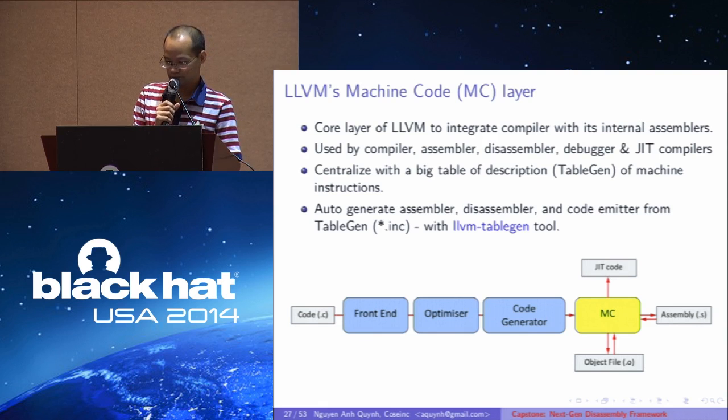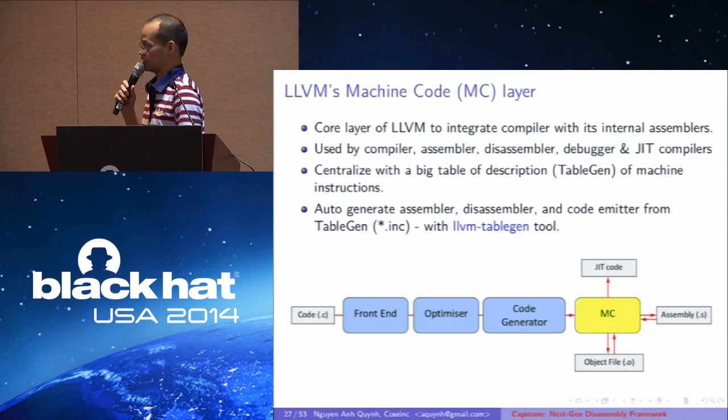And MC is built around one big table of description, or TableGen for short. And this TableGen describes all the machine instructions of every architecture. So every architecture has a very big TableGen, which describes all the instructions of that architecture.